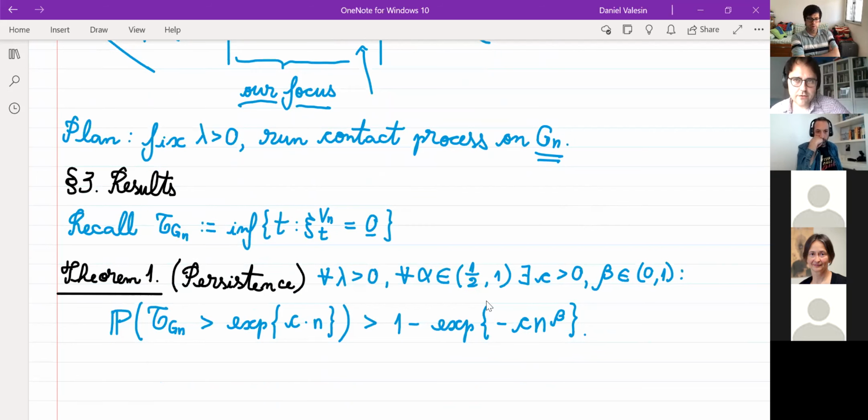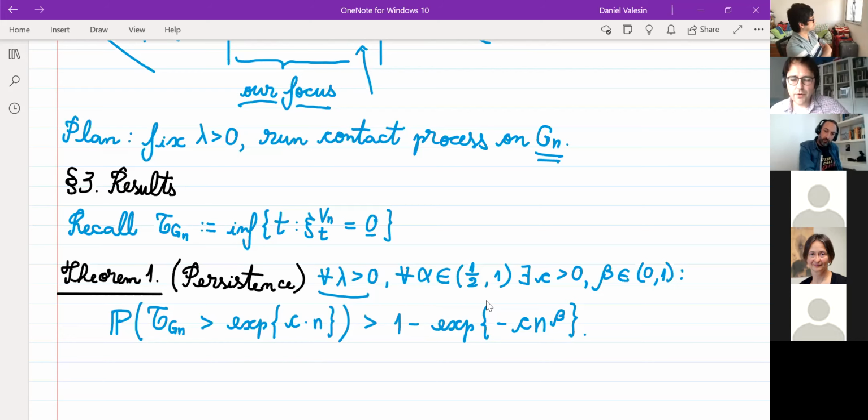This is the result that if you take lambda larger than 0, and you take alpha between a half and 1, as I said, then there is some constant c and some positive beta, so that the probability that the extinction time is more than e to the power of cn, this is an annealed probability, by the way, this is the graph and the process, is 1 minus a stretched exponential function of n.